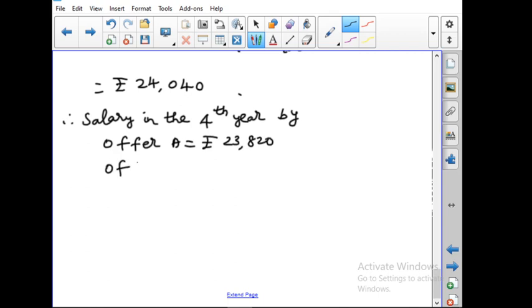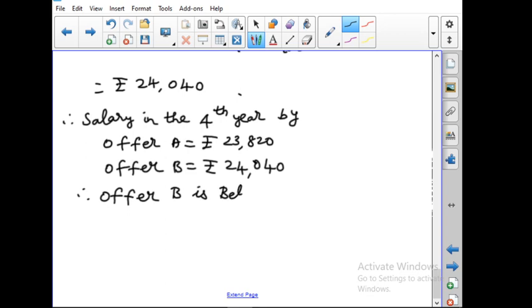Offer B is what here? Rupees 24,040. You have to compare these two, offer A and B. Offer B is giving more salary, so that man will select offer B. Therefore, offer B is better.